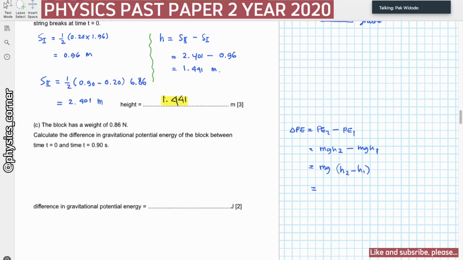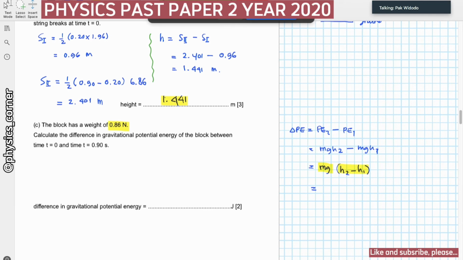This mg is the block's weight. Weight equals mg. And h2 minus h1 equals this one, 1.441.